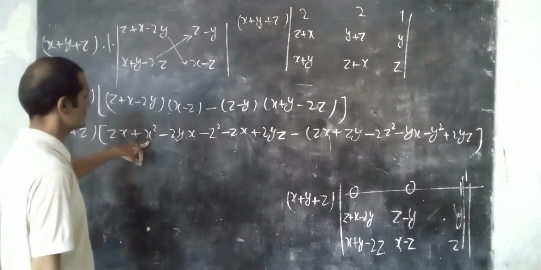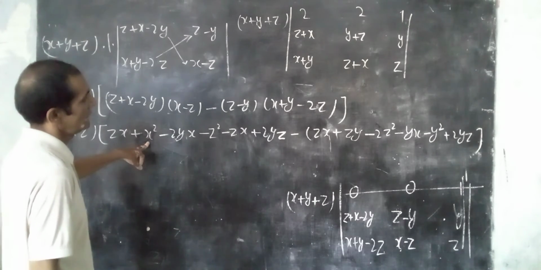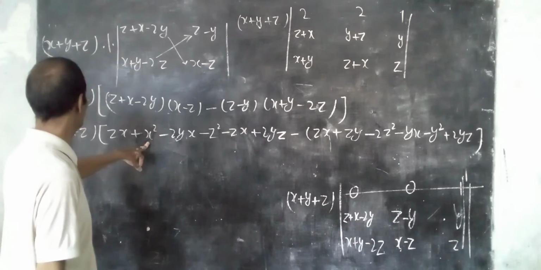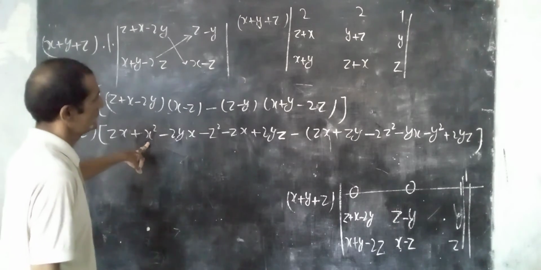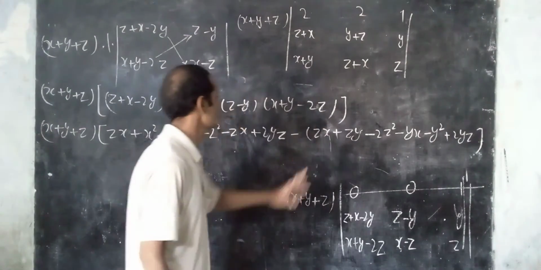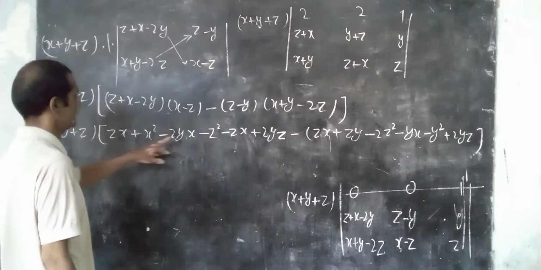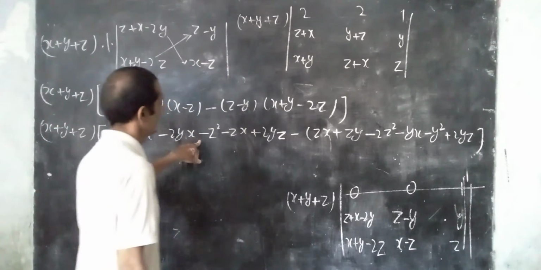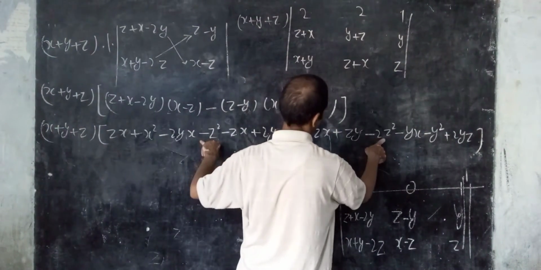So this is your x square. In terms of x square, this is your minus z square and this is your minus 2z square.